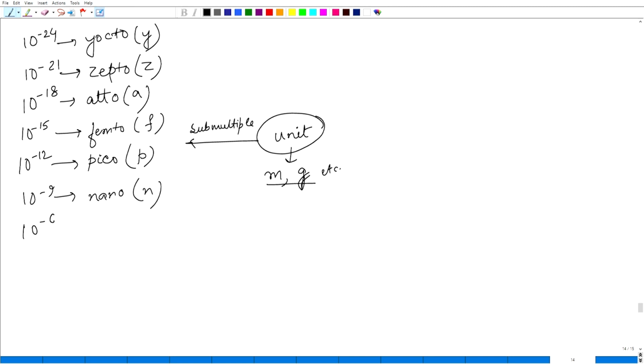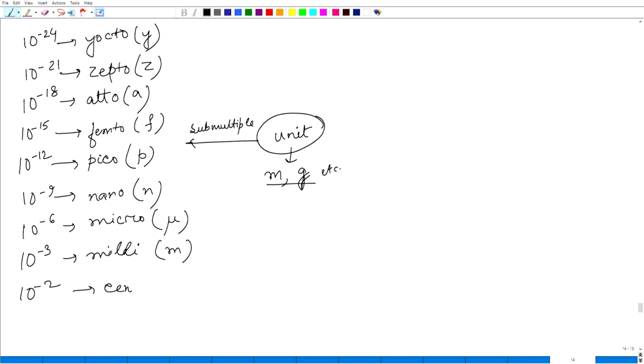10 to the power minus 6 is micro, denoted by mu. 10 to the power minus 3 is milli, written as small m. 10 to the power minus 2 is centi, written as small c. 10 to the power minus 1 is deci, written as small d.